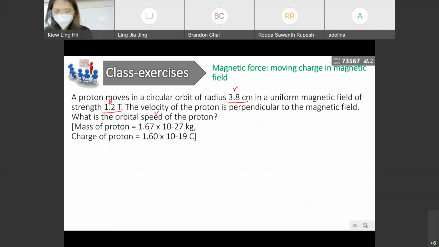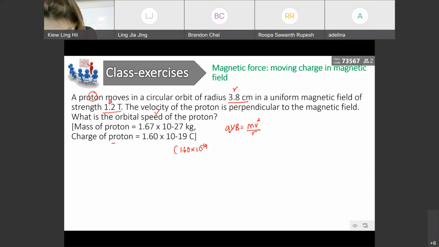So it's already moving in the circular pathway. So magnetic force equals to centripetal force. So proton, charge of proton 1.6 times 10 to the power of negative 19.